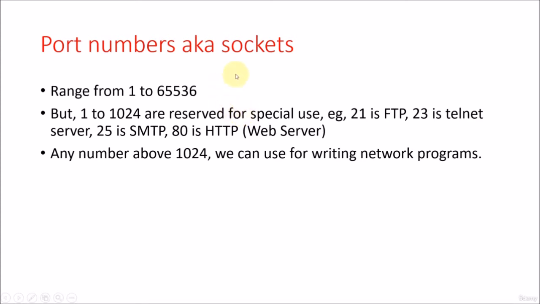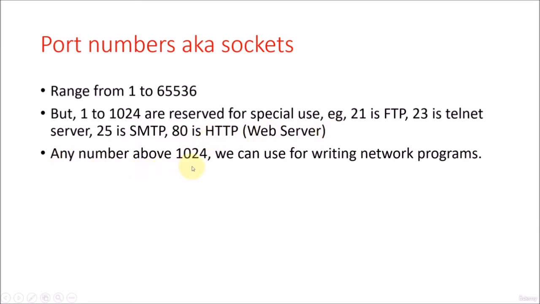Port numbers, also known as sockets. Port numbers can range from 1 to 65,536, but the port numbers 1 to 1024 are reserved for special use. For example, 21 is File Transfer Protocol (FTP), 23 is Telnet Server, 25 is SMTP for email, 80 is HTTP, also known as web server, and so on.